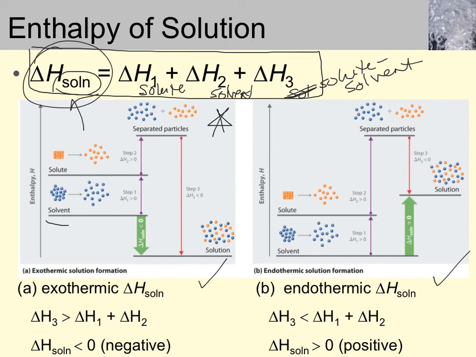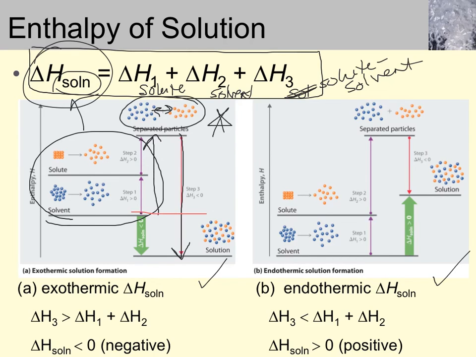What that means is the energy required to break up the solute and solvent intermolecular forces is less than the energy gained back by the intermolecular attractions between the solute and solvent. So you see here, you have a net energy gain. Energy is released. You have excess energy. So the heat of solution in this case would have a negative sign.